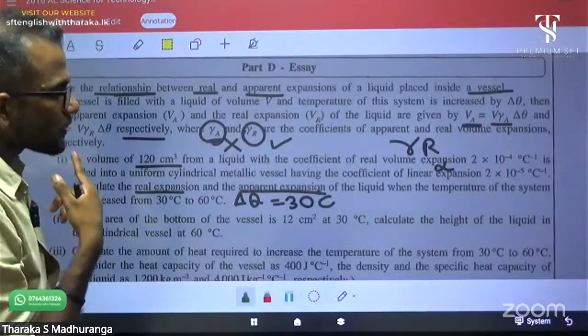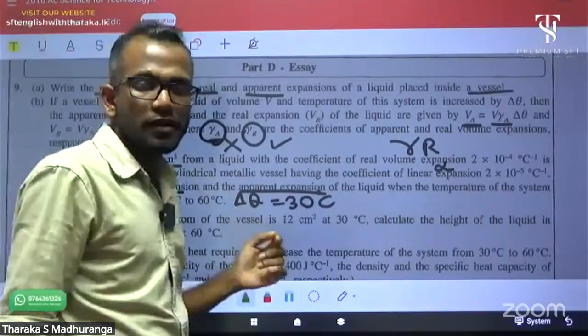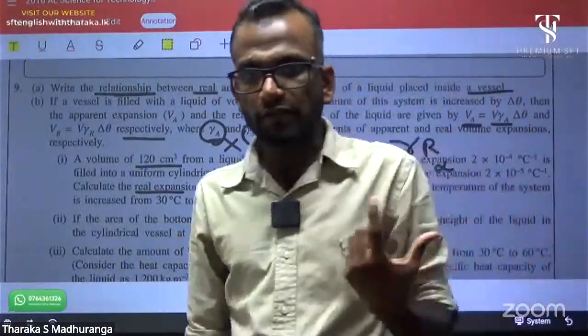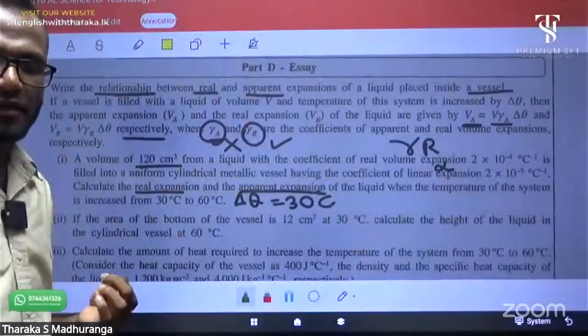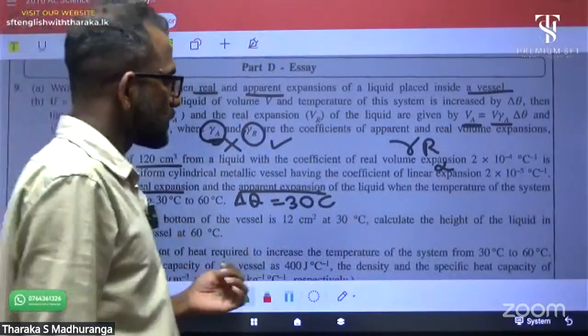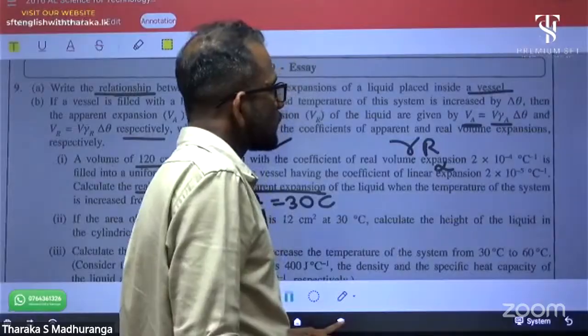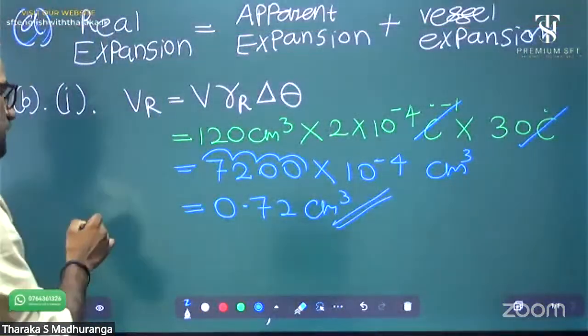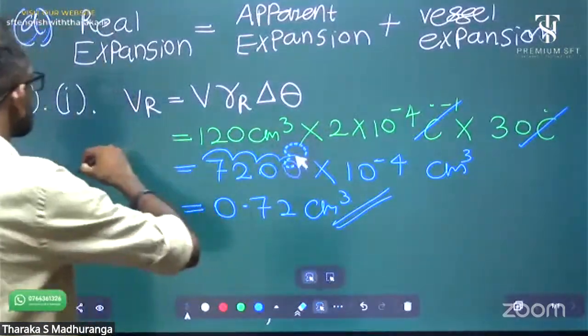Very good, Nabil. First, we can find the container vessel volume expansion.